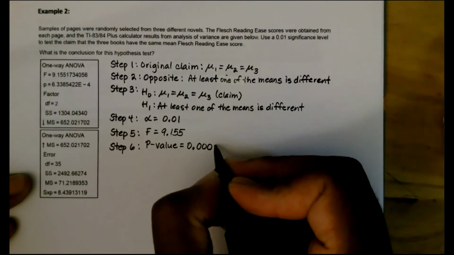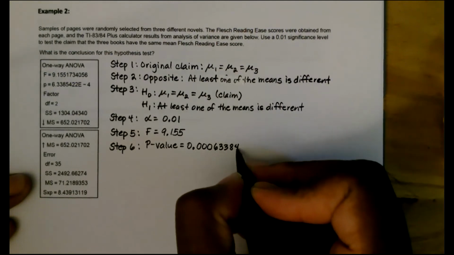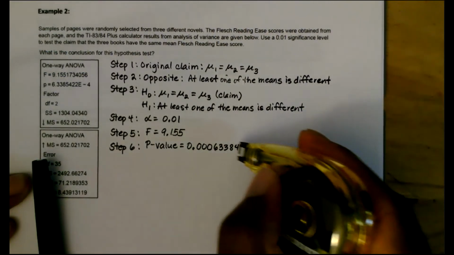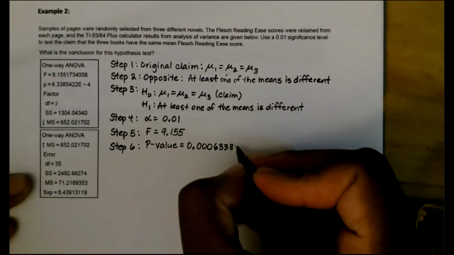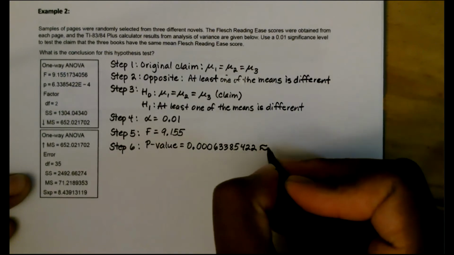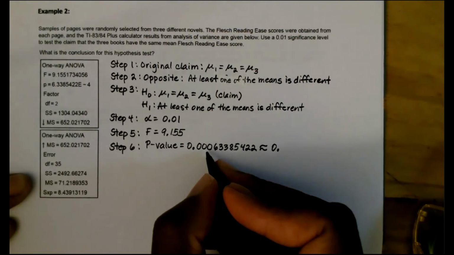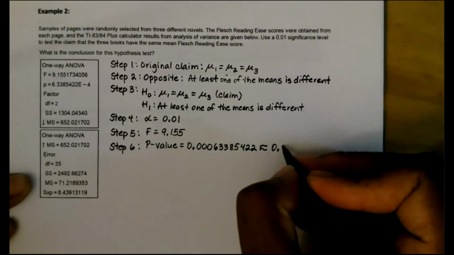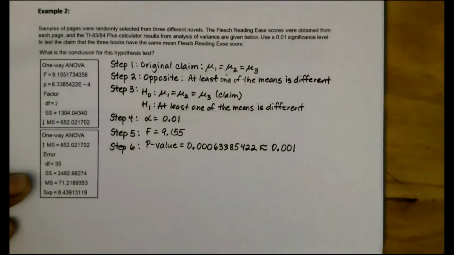And then I can write the remaining numbers. 6, 3, 3, 8, 4, 8, 5, 4, 2, 2. Then I'm going to round that off to 3 decimal places. So this is the third number after the decimal point. The 6 will make this 0 a 1. So I'm going to have 0.001. That's your p-value.